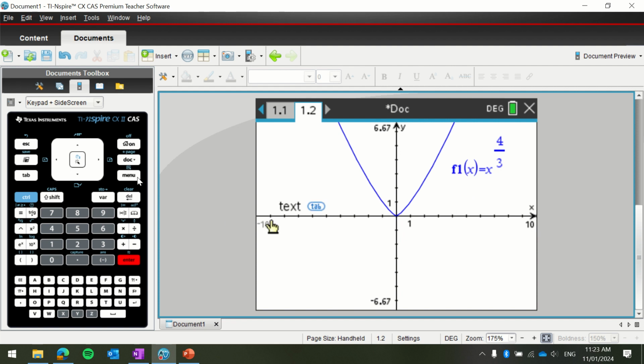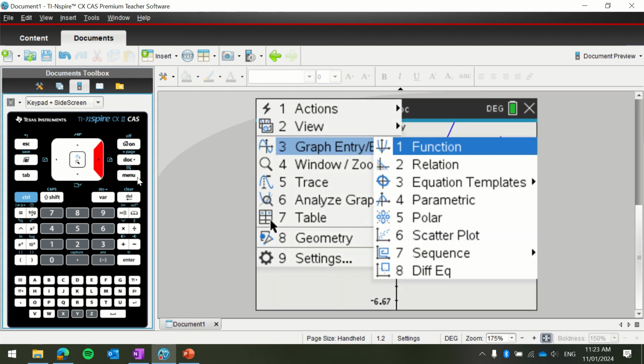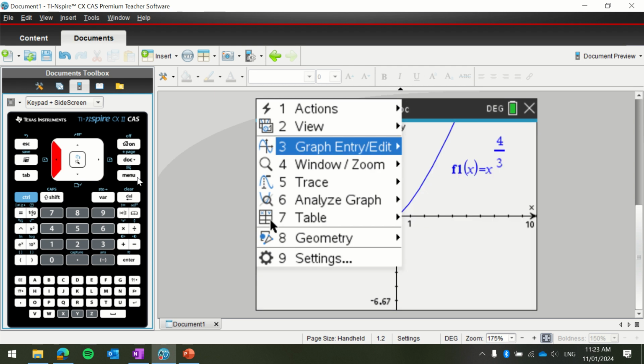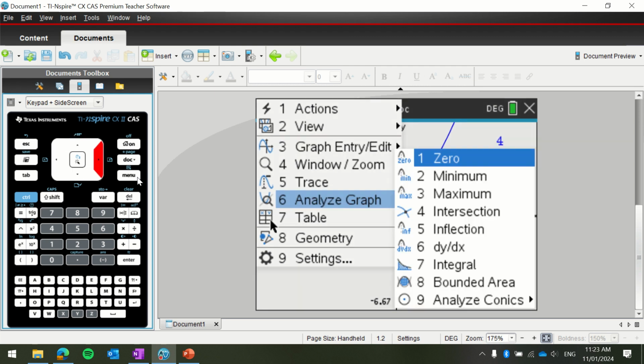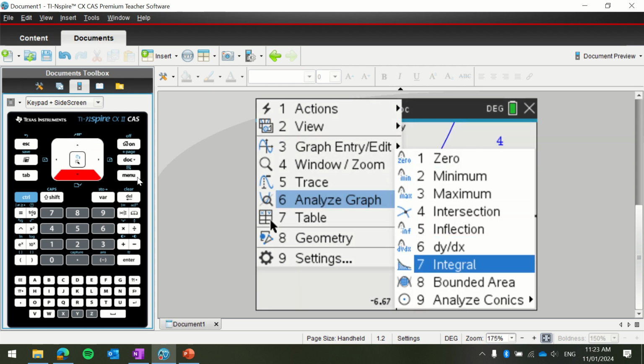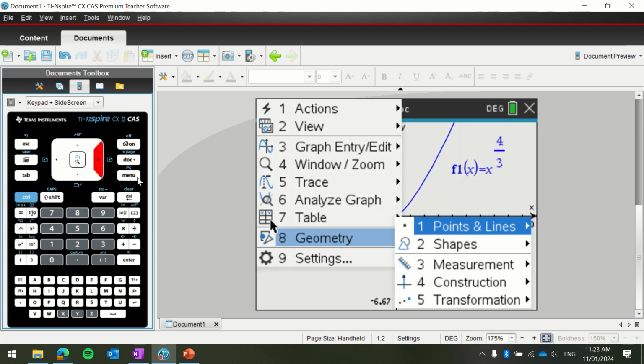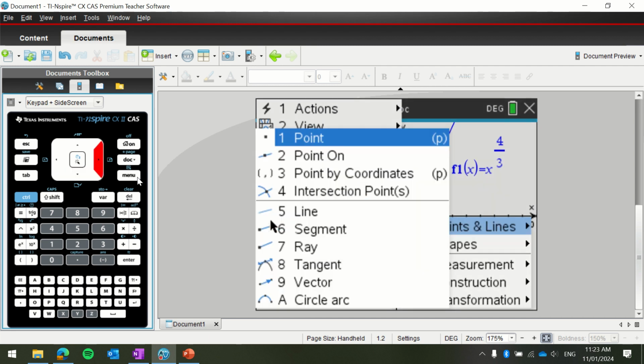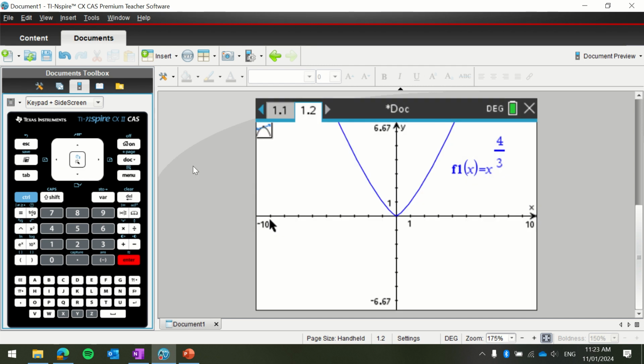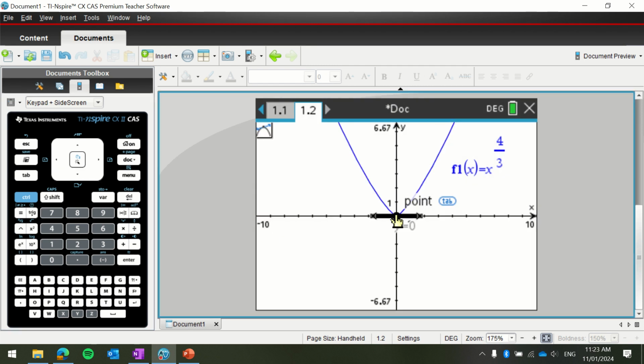I think you can even plot it. Yes, tangent right here. So you could even plot the tangent, and it will tell you that's the tangent, and it's y equals 0.